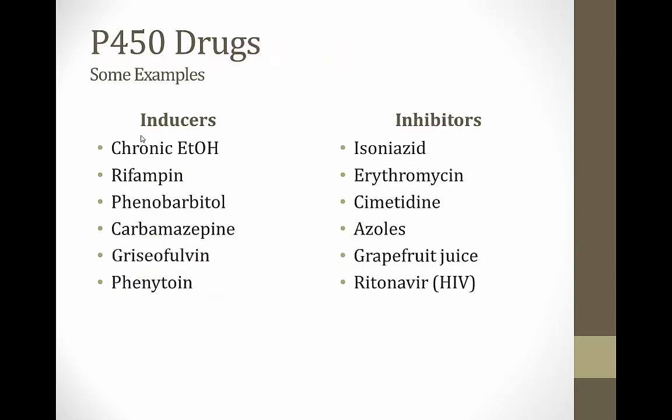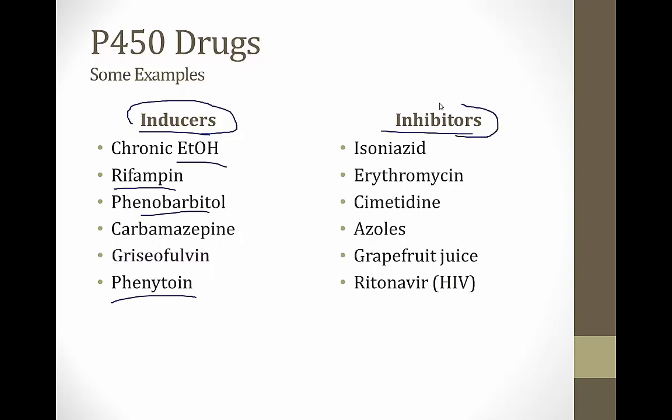So on this slide, I've just written some inducers and inhibitors of the P450 system. So over here are inducers, and they will cause the drug levels to fall of compounds metabolized by P450. So alcohol can do this. Rifampin, which is sometimes used as an antimicrobial; phenobarbital, which is an antiepileptic; carbamazepine; griseofulvin is an antifungal drug; and then phenytoin.